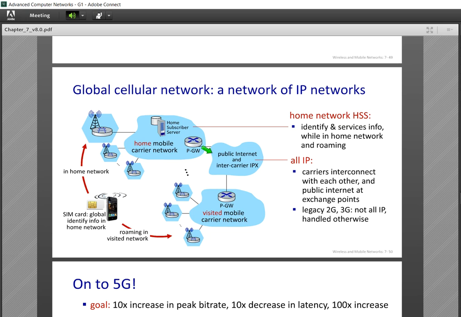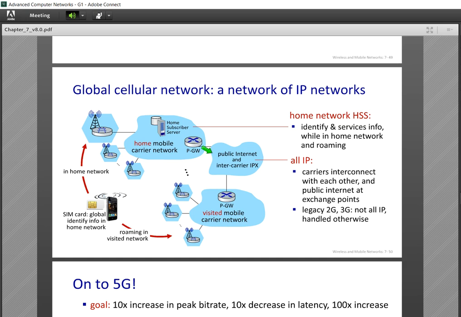It means that in 1G, 2G, 3G, my phone call or my data connection had to be handled in completely different places.